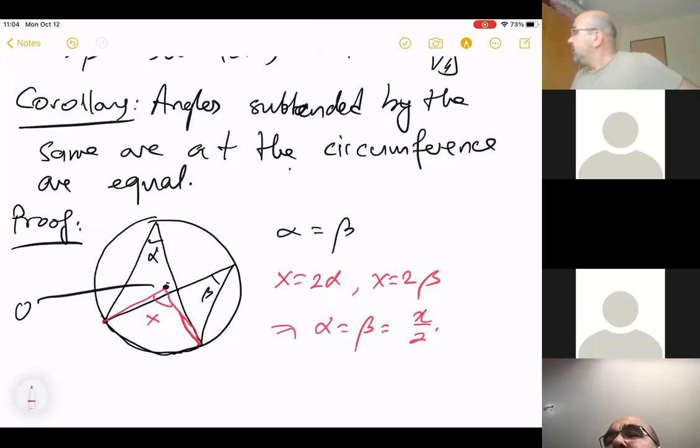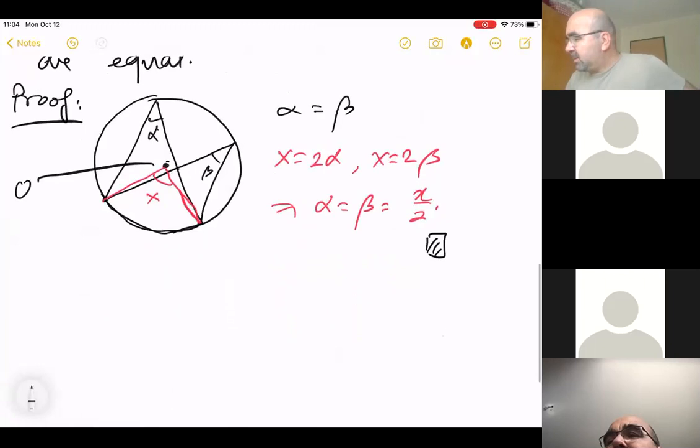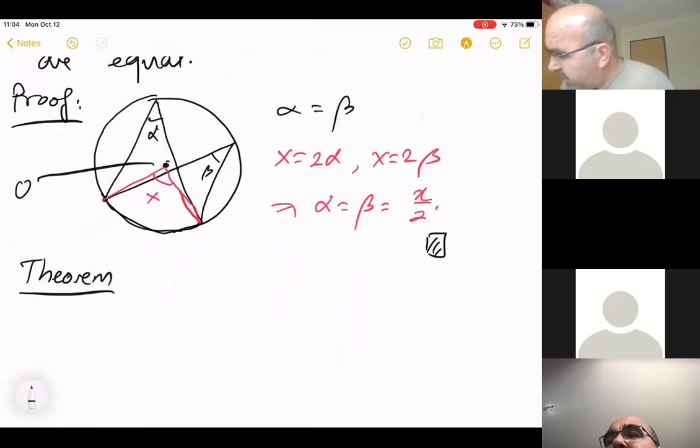Next, these are things you probably know well, but these are the simple proofs. So here's the theorem. For now, we are dealing with only the geometry in the plane, nothing else.